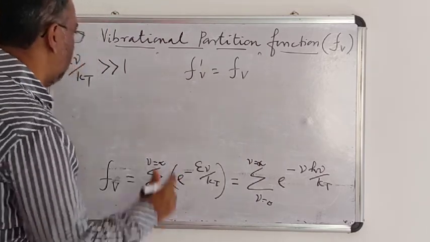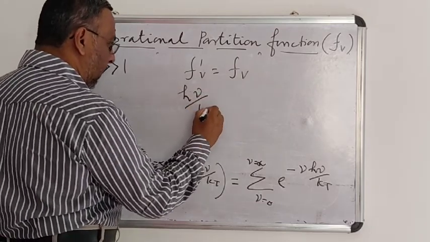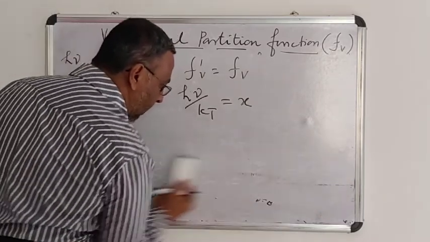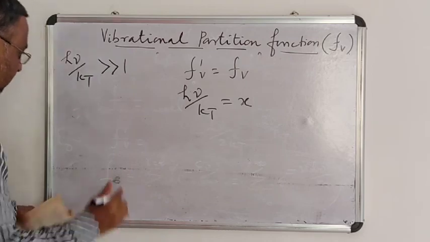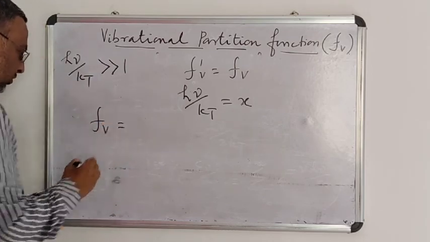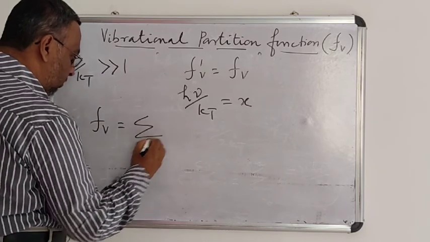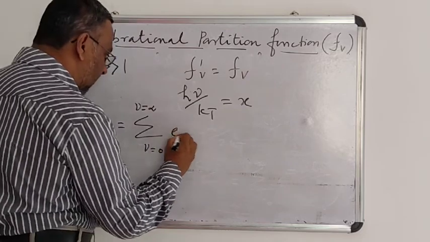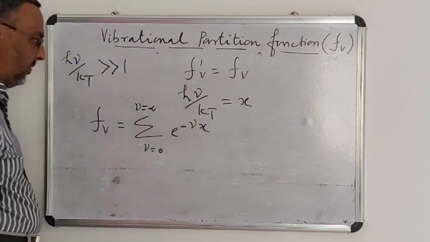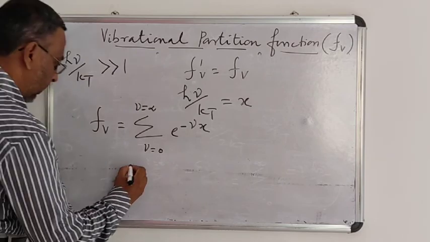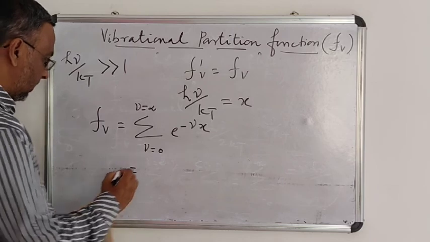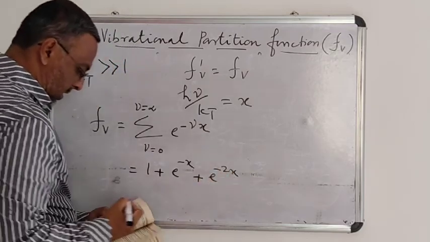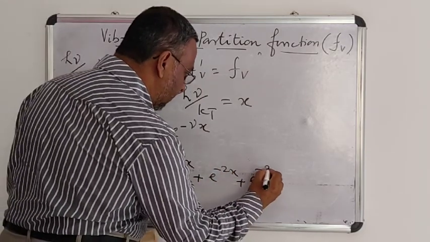I take h nu by kT as the value of x, so h nu by kT is equal to x. I can write this expression as the partition function due to vibrational motion equal to the summation of nu equal to 0 to nu equal to infinity e power minus nu x, which is equal to 1 plus e power minus x plus e power minus 2x plus e power minus 3x.